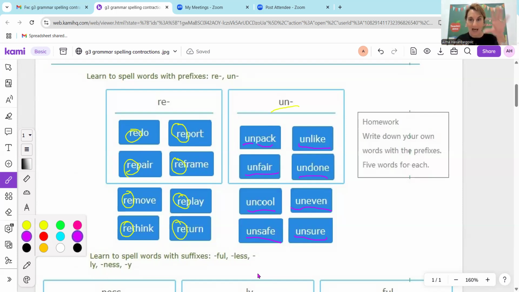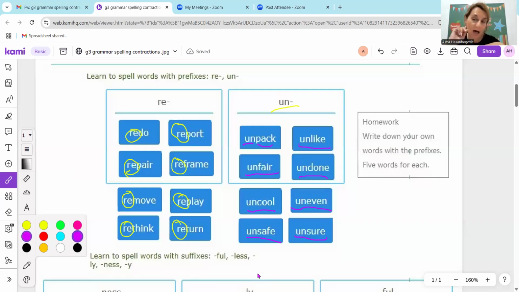Next one is unpack. Think of it like this. Put them together. Unpack. Unlike. Unfair. Undone. Uncool. And uneven. Unsafe.